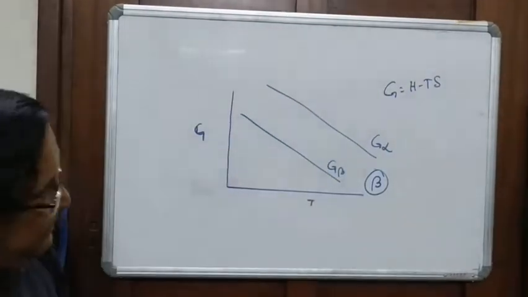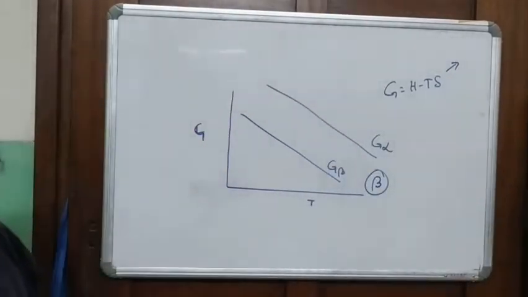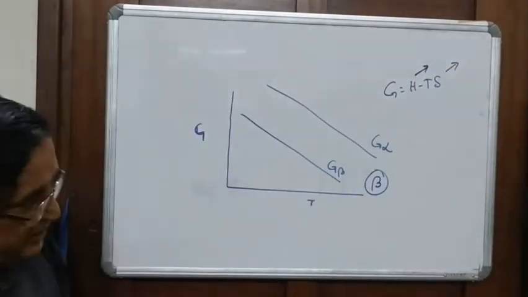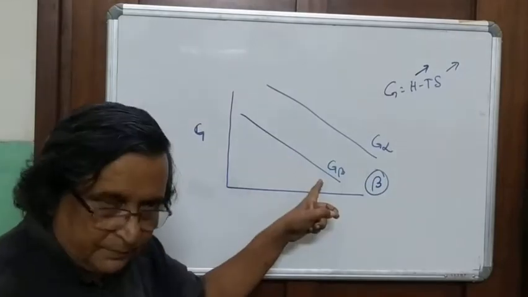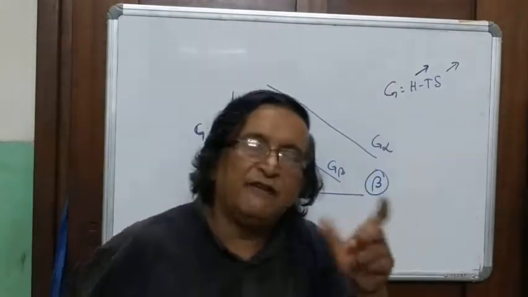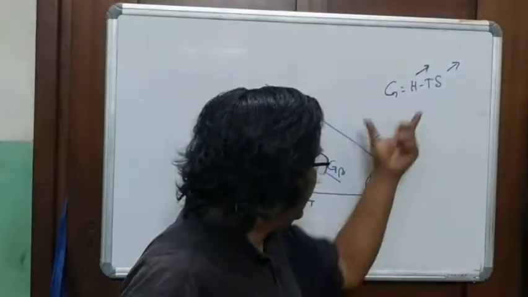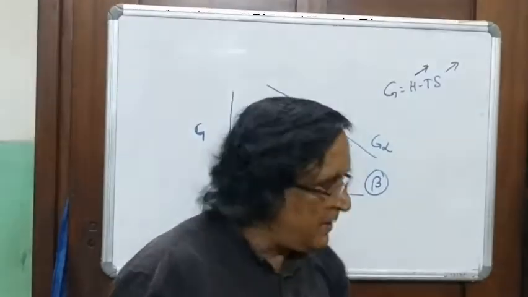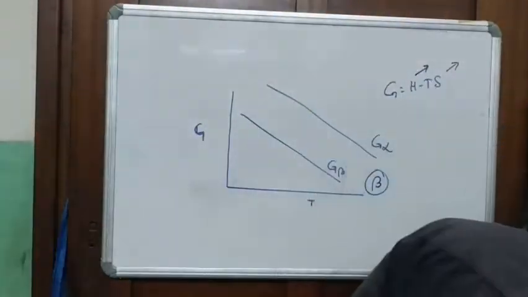But entropy varies as a function of temperature and pressure, and enthalpy varies as a function of temperature and pressure. So although I am taking a linear negative relationship, both are functions of temperature and pressure, so these are curvilinear plots. But we don't go into the complications, we try to understand it simply.